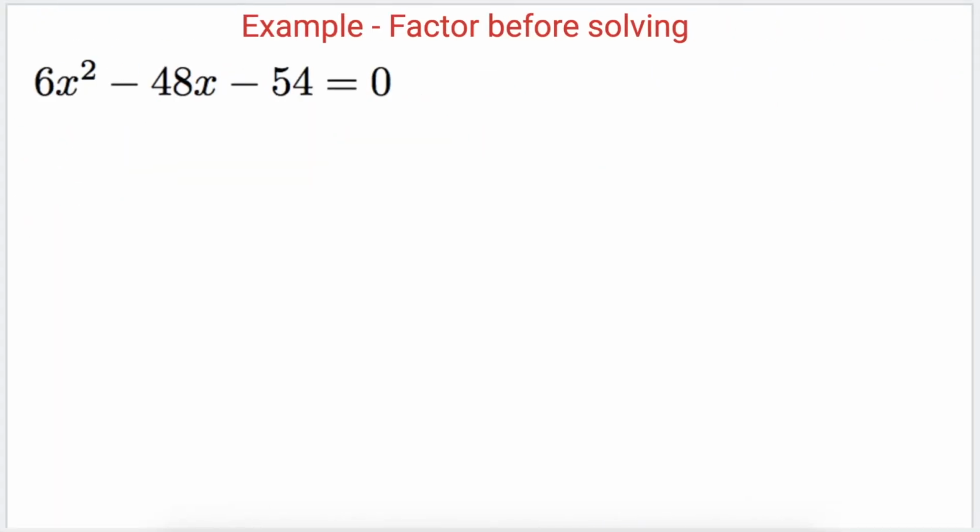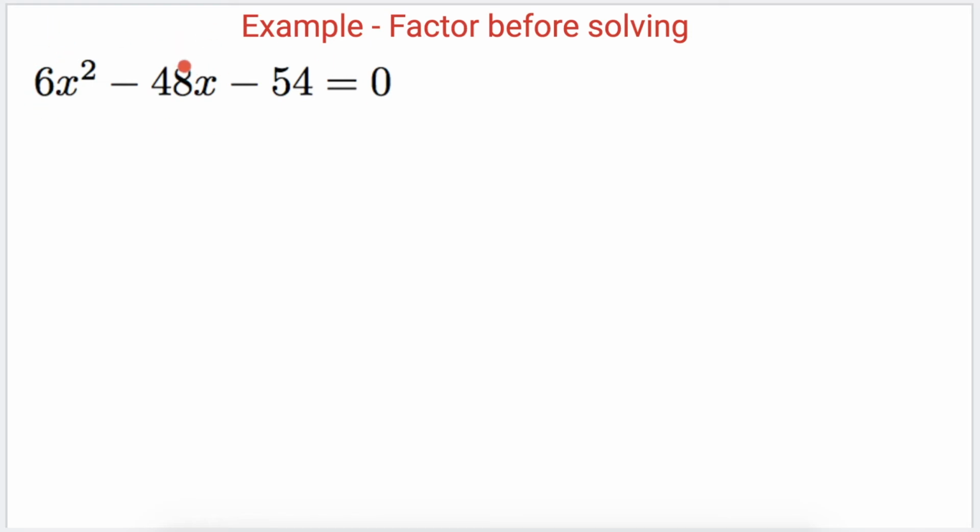Our second example, we're going to try to factor before we actually start solving. When you look at the equation, the first thing is to make sure that it's in standard form. All the terms are on one side, and on the other side you have 0. The second thing we want to do, before we identify a, b, and c, is see if we can make the expression a little bit simpler by factoring.